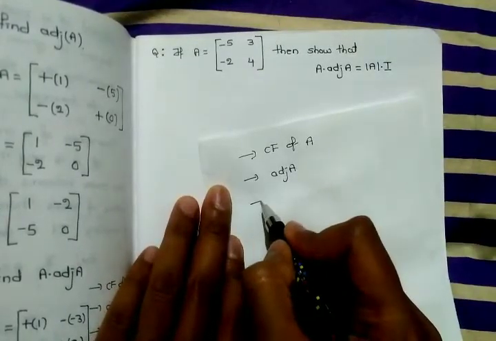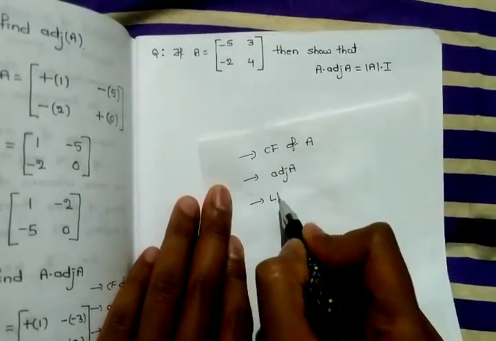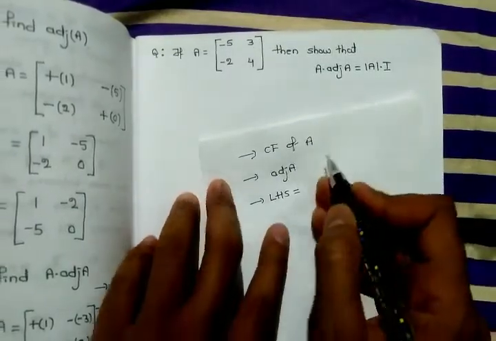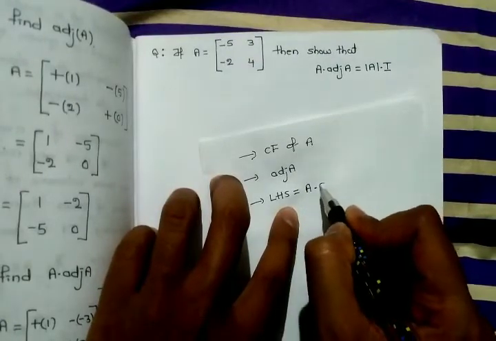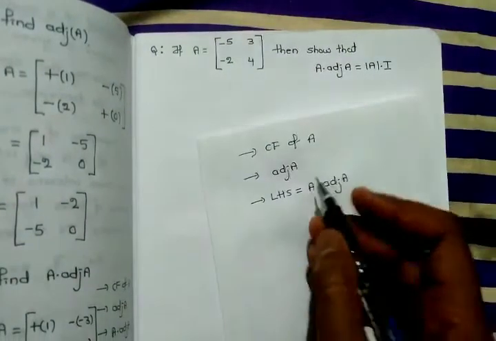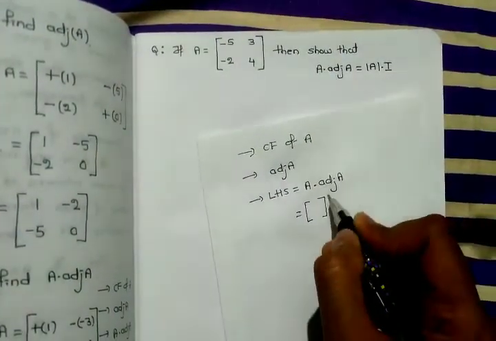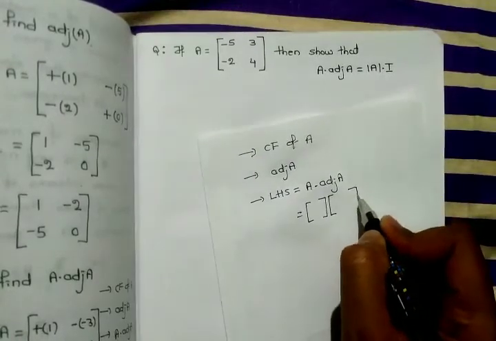So once we get adjoint of A, next we need to take the left hand side value. So what is that left hand side? A into adjoint of A. So next step, substitute the A value and substitute the adjoint of A value.